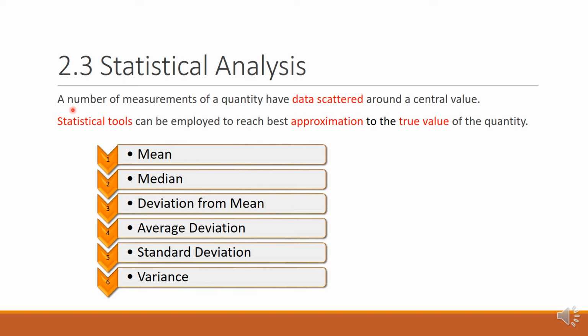We can classify errors into three groups. Gross error comes from human error. Statistical errors come from variation, such as deviation and average deviation, and variance can cause you some error.